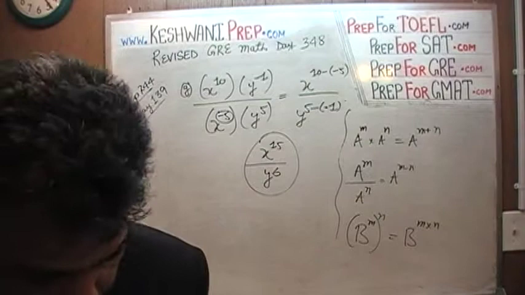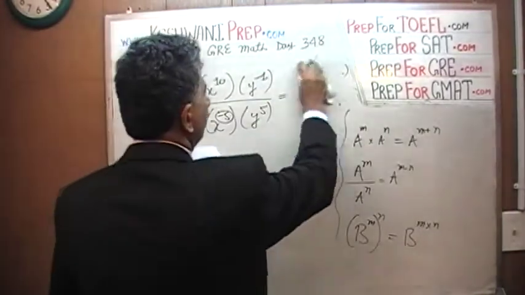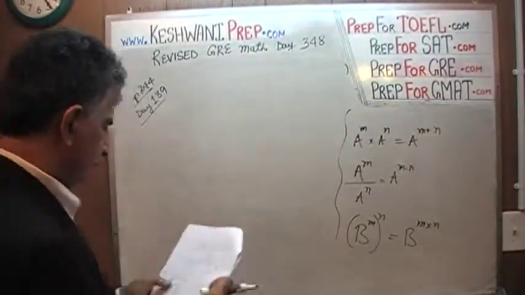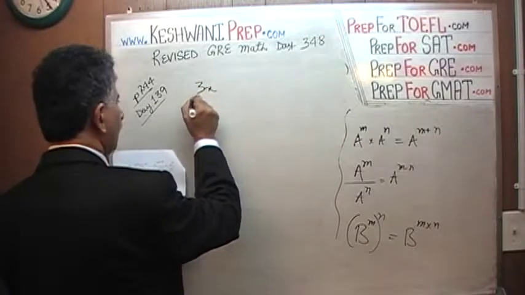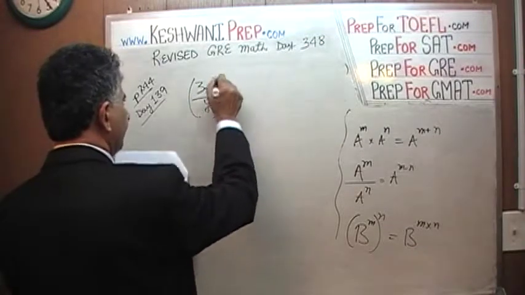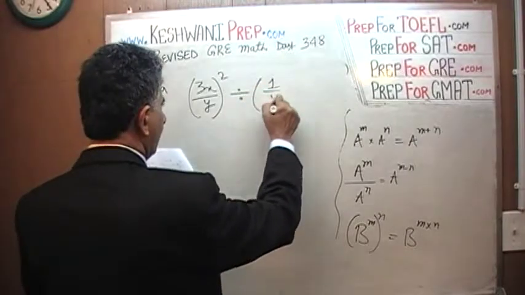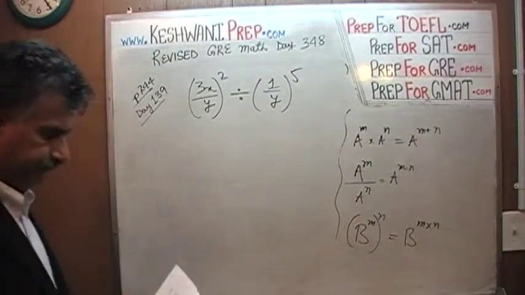Let's do the last one, h. h is 3x over y squared divided by 1 over y raised to the 5th. See what we can do here.